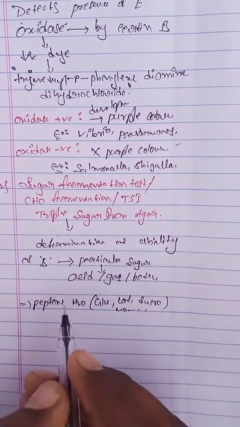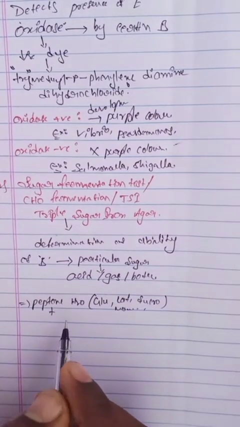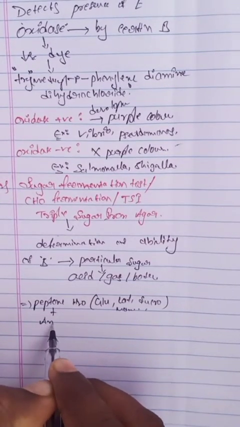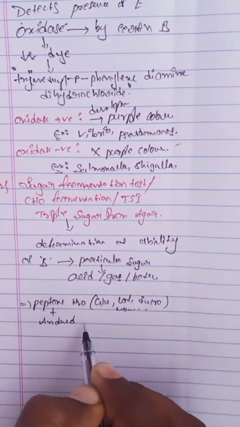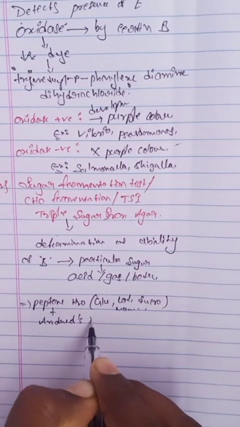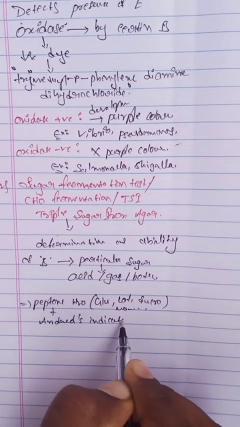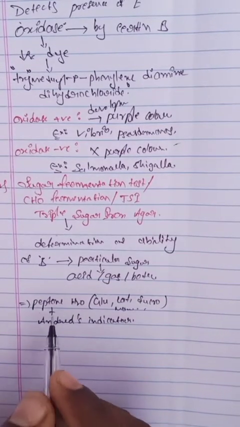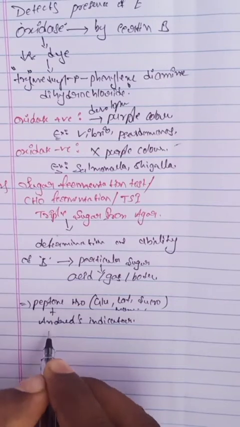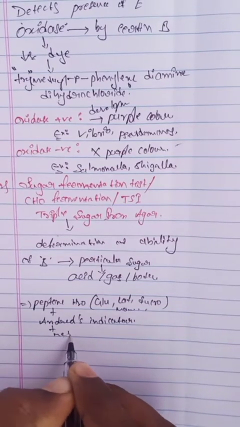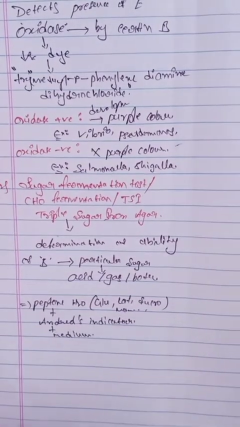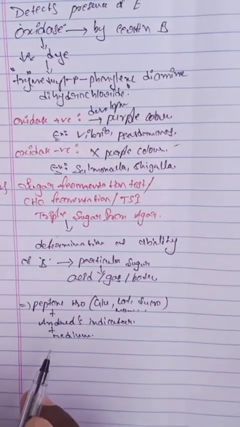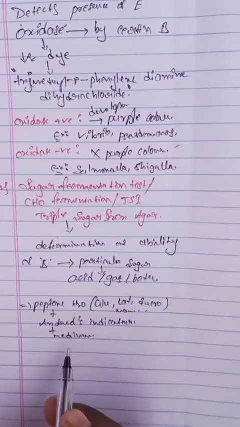Next we add the Andrade indicator to the peptone water, and add some amount of bacterial culture to this medium.